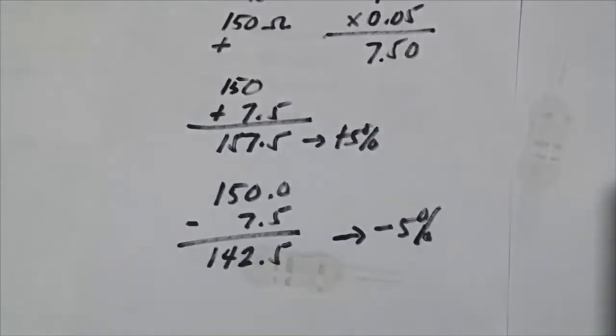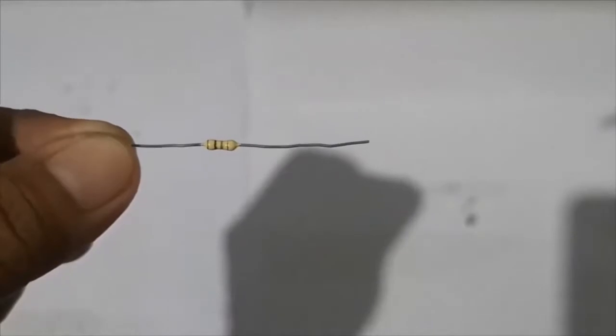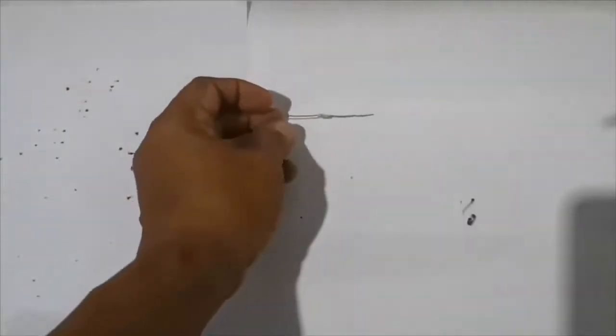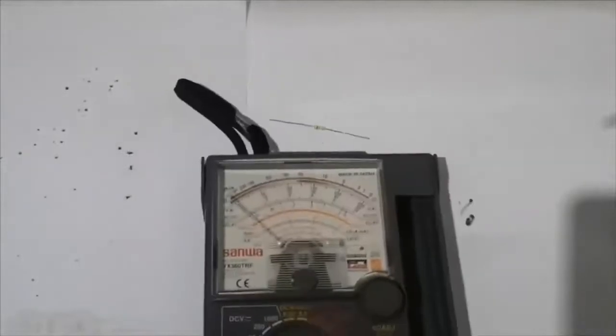This means that the 150 ohm resistor will operate from the actual measured value of 142.5 up to 157.5 measured value of resistance. Now let us measure the actual resistance of a 150 ohm resistor using the analog multimeter. So this is the actual analog multimeter that we are going to use.